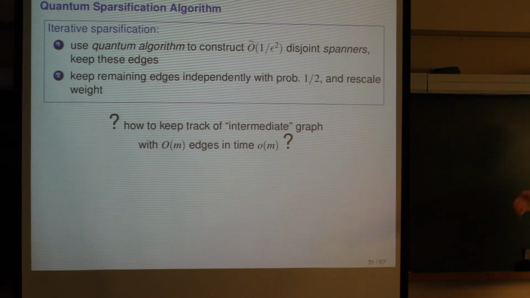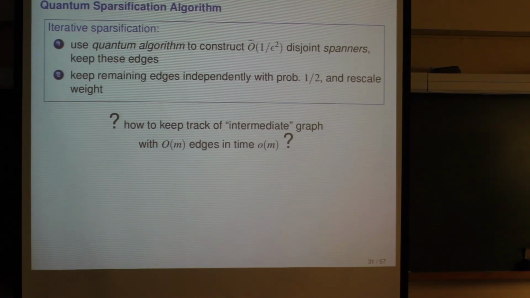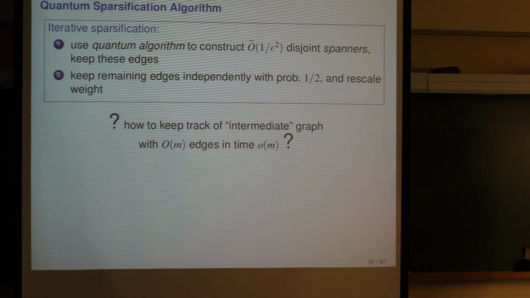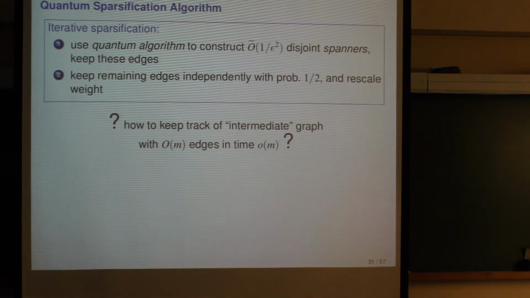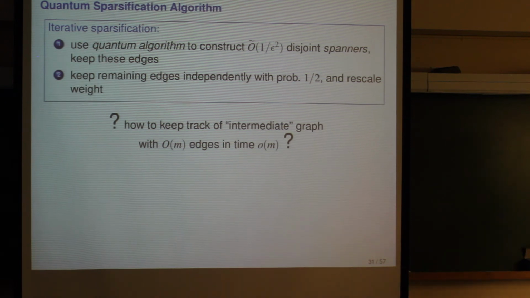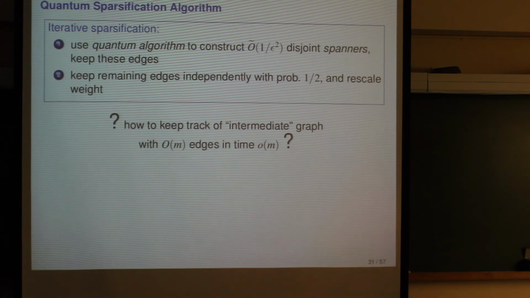We want to throw away half of this list in a random way, which gives you an intermediate graph with approximately m over 2 edges, and then you want to reiterate this routine on this intermediate graph. But we cannot write down this intermediate graph because it's still much too large, right? It's m over 2 edges. So how do we keep track of this intermediate graph?